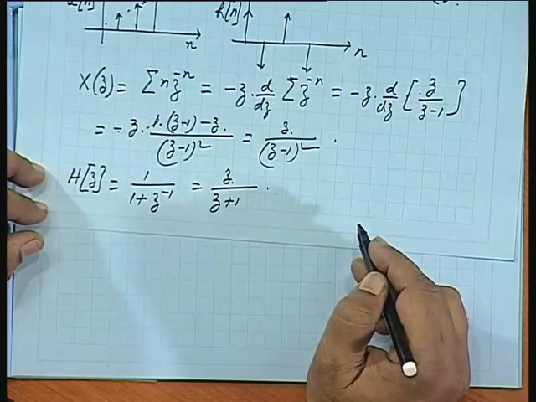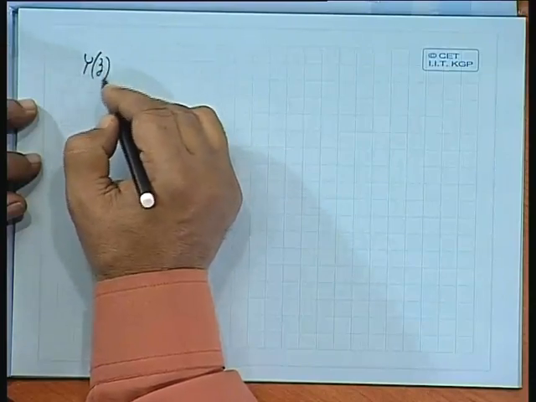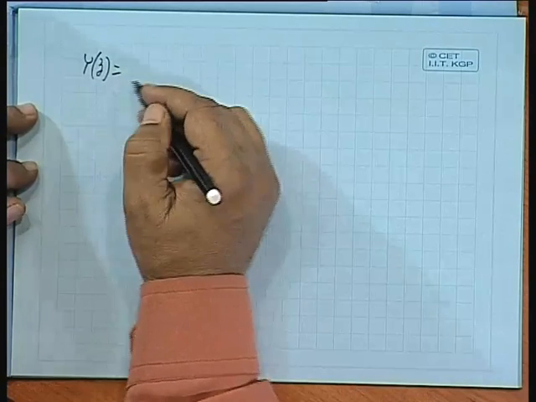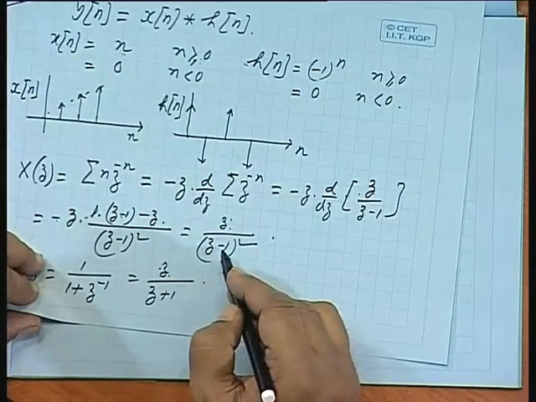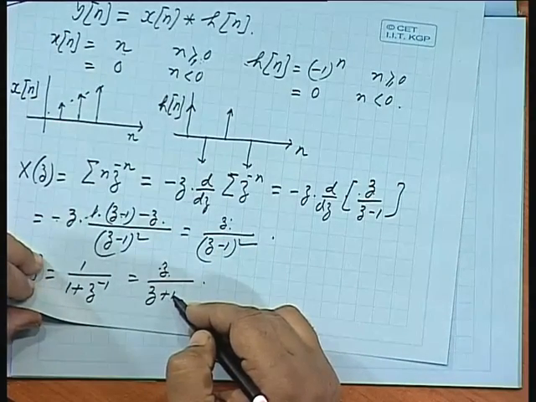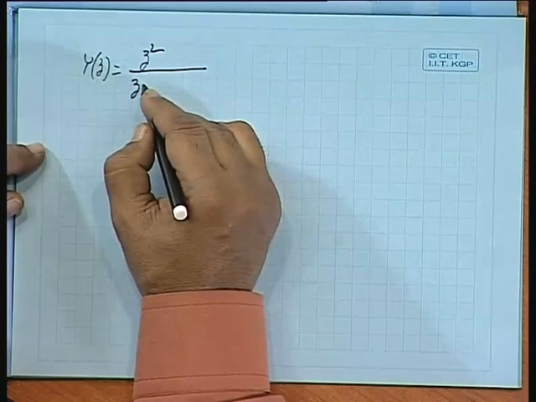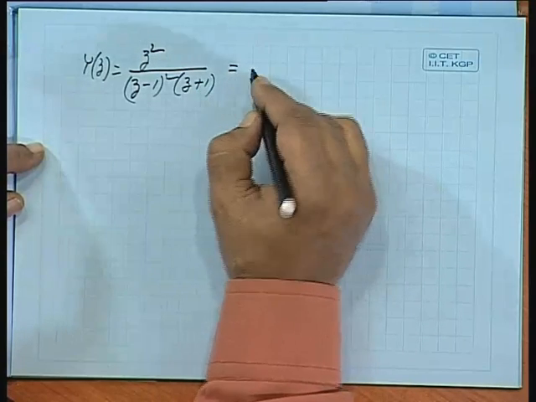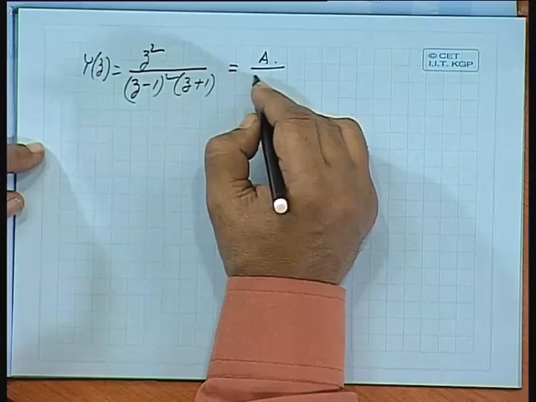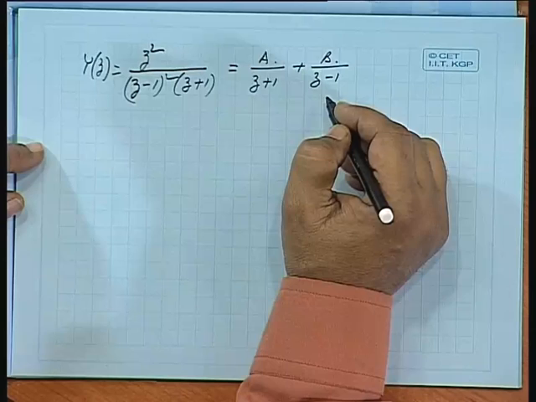Okay. So Y(z) will be the product of X(z) and H(z), that will be z square by (z minus 1) whole square into (z plus 1). Is that so? So take the product and make a partial fraction. So (z minus 1) whole squared into (z plus 1), I can write this as a by z plus 1 plus b by z minus 1.